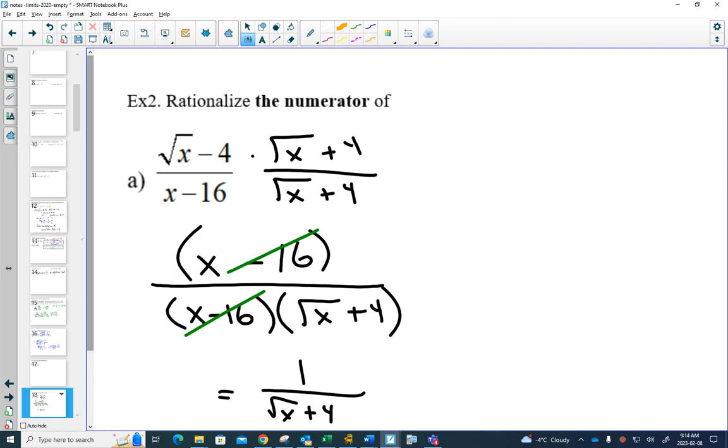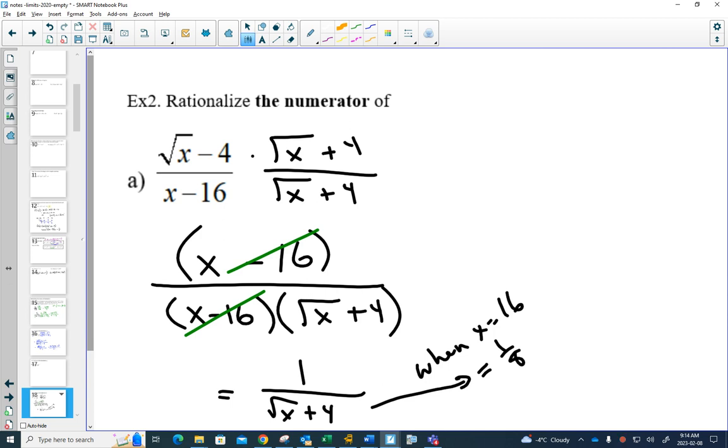What happens if I plug 16 into this now? I can do this. Square root of 16, is that better than square root of 15.99? Yeah, that's perfect, right? I'm going to get 1/8. When x is 16, this equals 1/8.